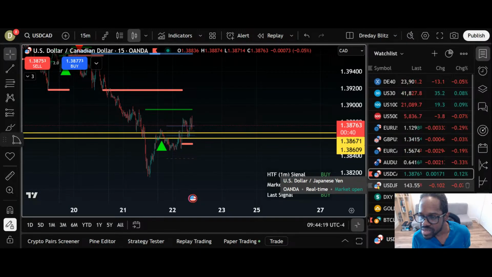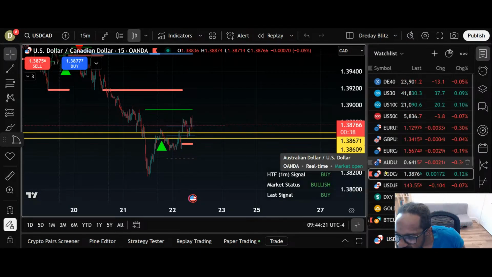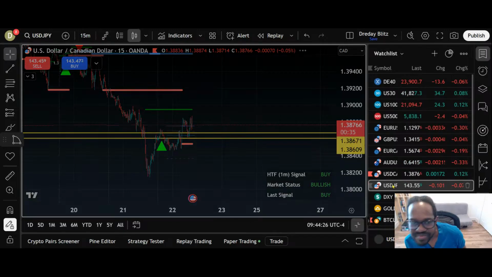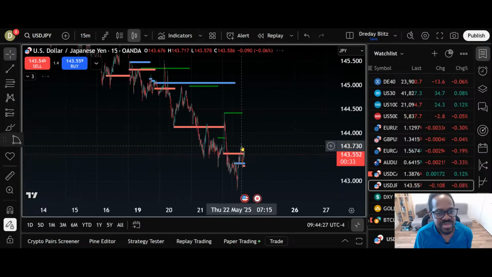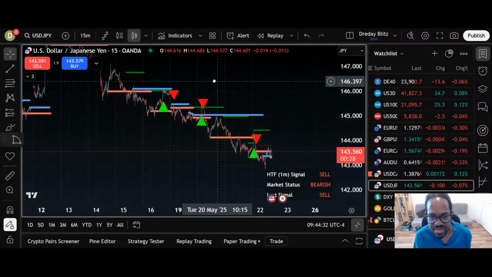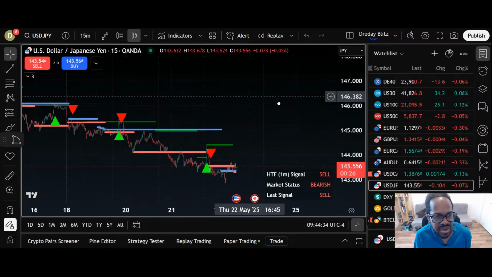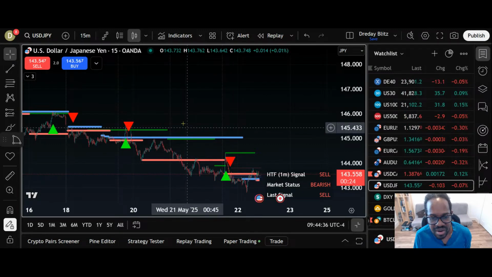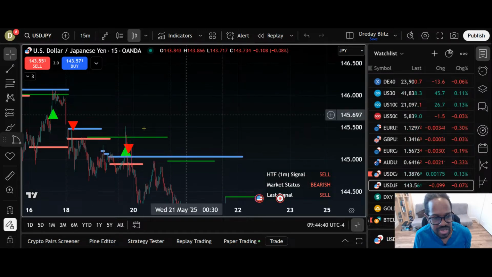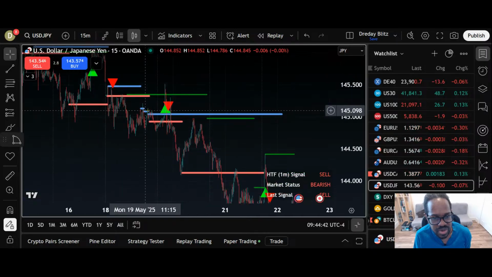I'm just gonna look at the USDJPY. Even USDJPY, same thing. We're selling off here. But it's more choppy here on USDJPY.